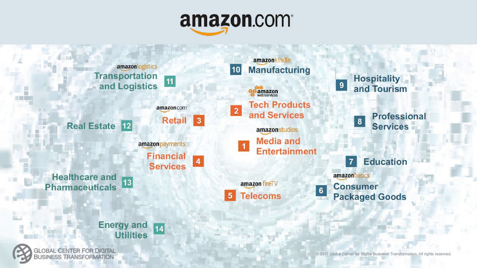They are into tech products and services. Can somebody tell what tech products and services they are into? AWS. They are into media and entertainment. What is that? Prime and streaming, right? You all watch movies there. They are into telecom, Amazon payments. Like Google Pay, they are also into financial services. They are into retail. They are into logistics, right?